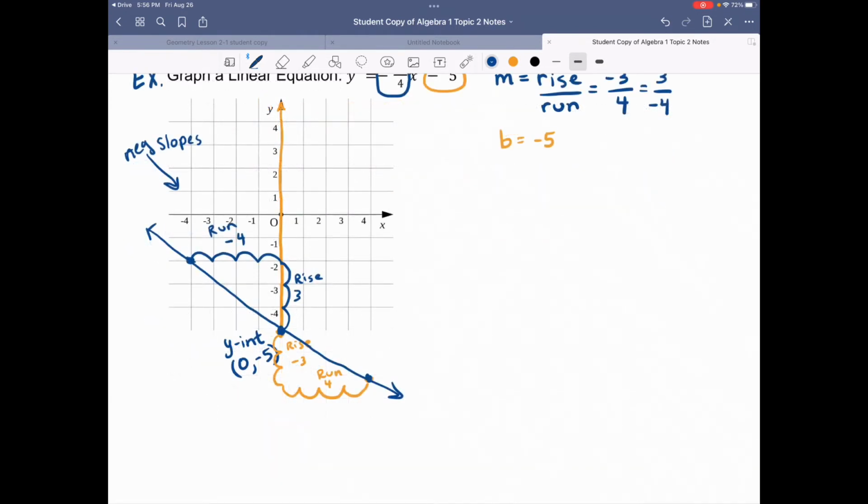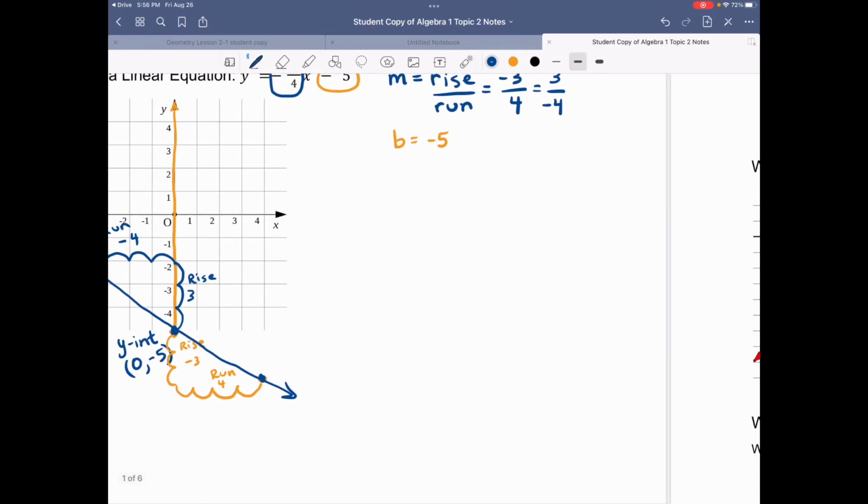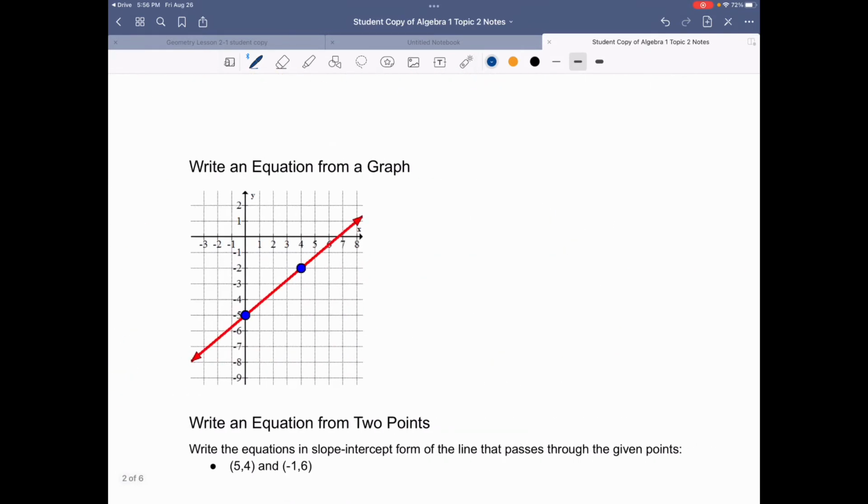Let's make sure that we're ready to turn our page. On this example, we are going to write an equation from a graph. So to do that, we want to remember that our equation form is y equals mx plus b.